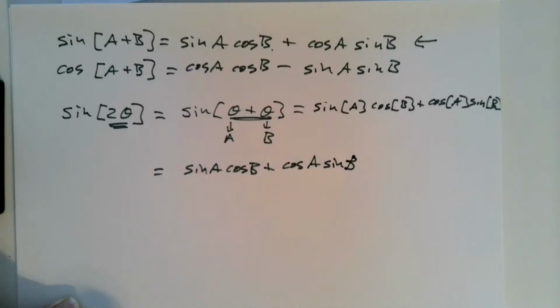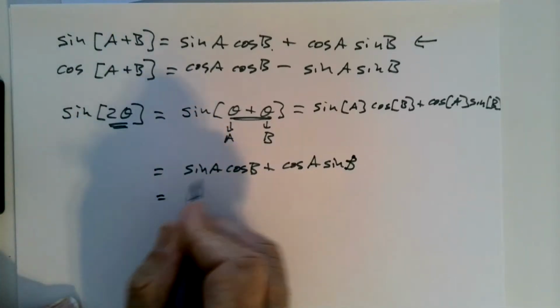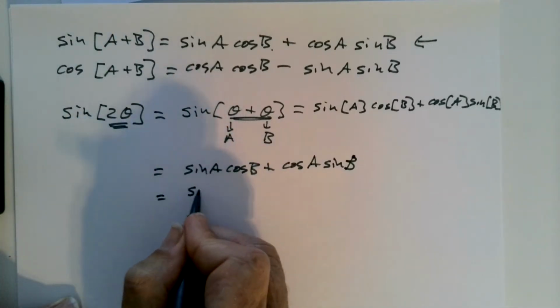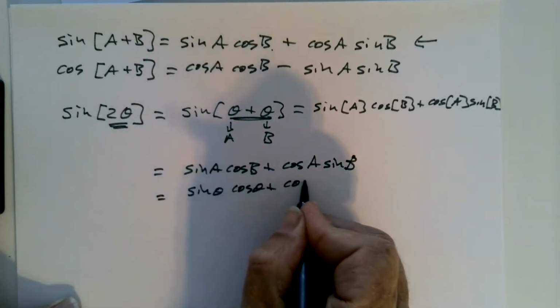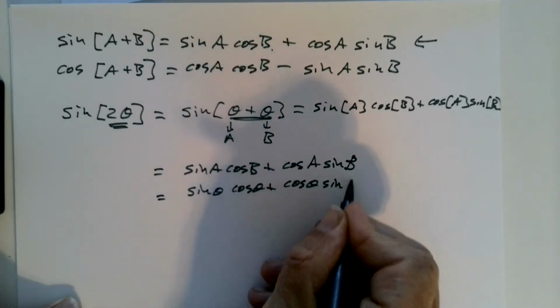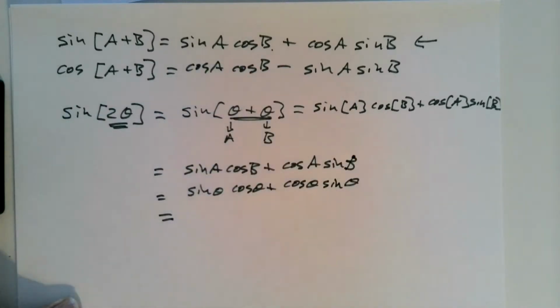Good answer. So I'll continue. A is theta, B is theta. So as Harley said, sine theta cos theta plus cos theta sine theta. Can anyone simplify that for me? If you add those two together, what's the result? Post that on the comments if you see it.